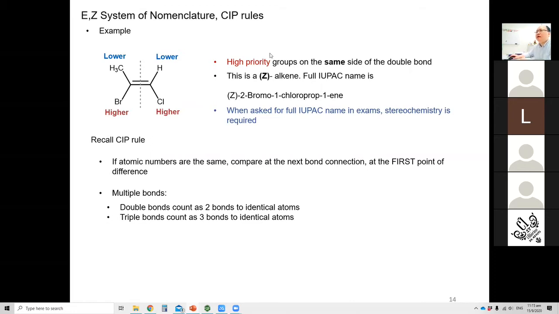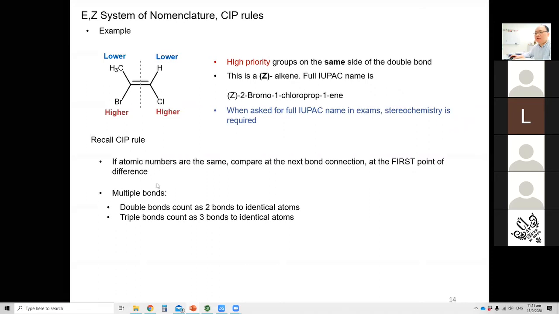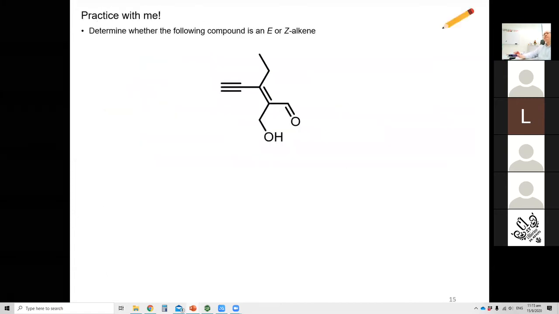Double bonds, as usual, are counted as two bonds. So if you have an alkene substituent, the carbon of the alkene is counted as substituted with two carbons. If you have an alkyne, the carbon is substituted with three carbons. All right, a small practice, and it's pretty simple.